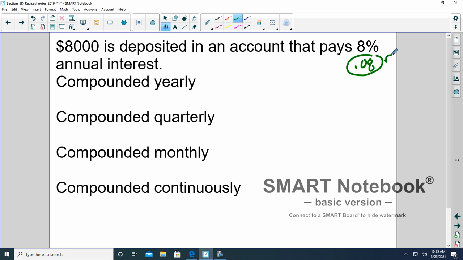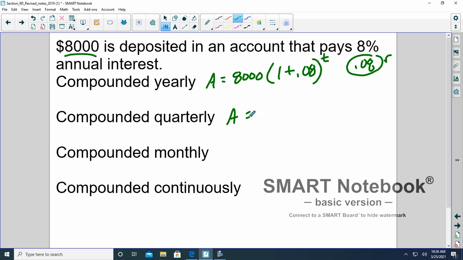So if it's compounded yearly, and we're doing $8,000, we're going to go A equals 8,000 times 1 plus 0.08 raised to the T. $8,000 is deposited in an account that pays 8% annual interest. So this would be compounded yearly.